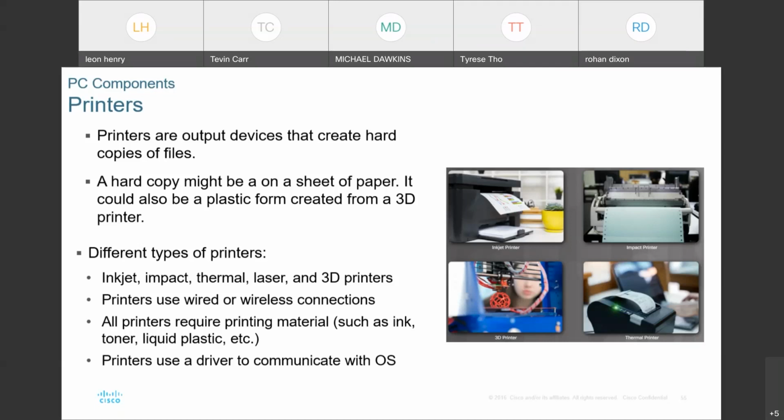Or when you get some letters from the bank, those are laser printed. And you have 3D printers. 3D printers are what print 3D stuff, like a ball, or even phone cases and those things.